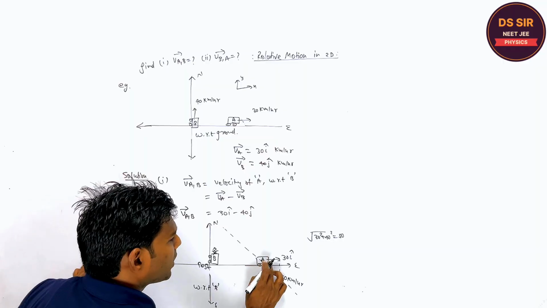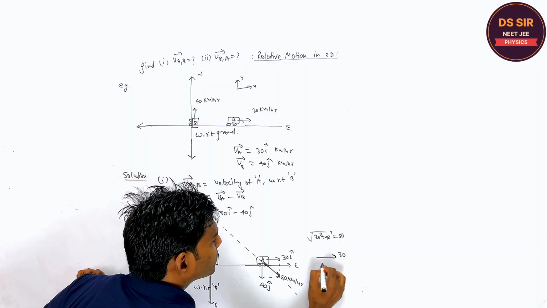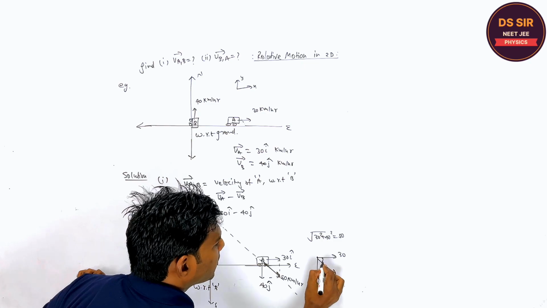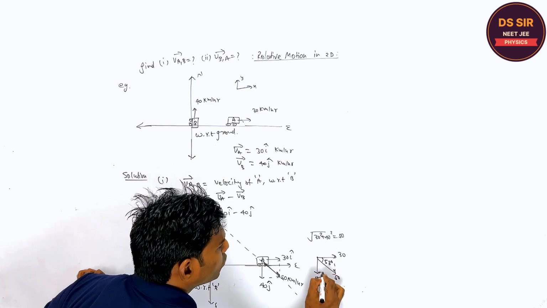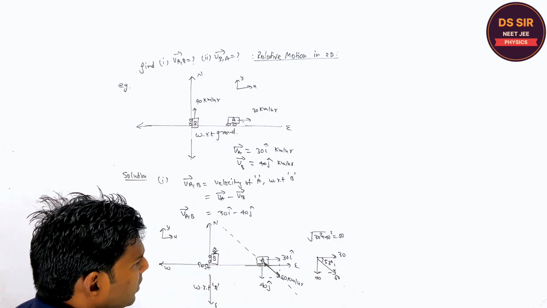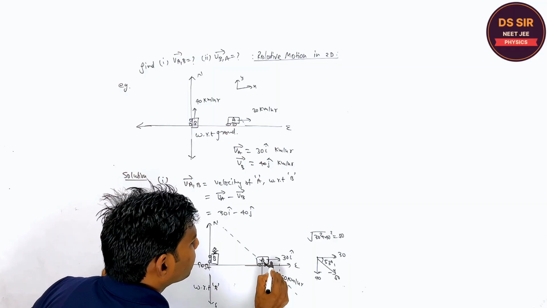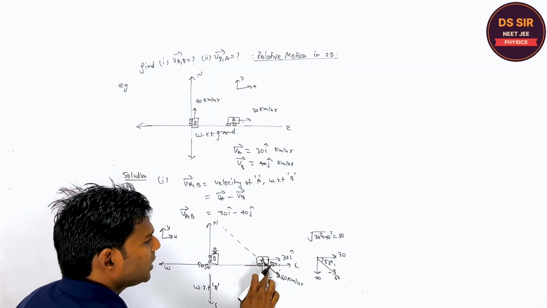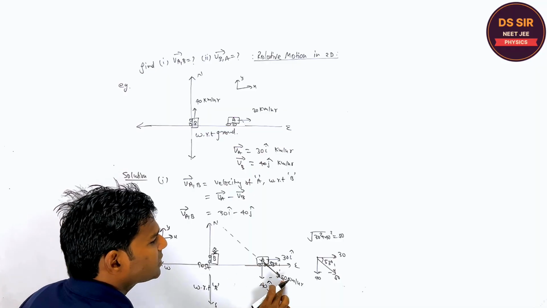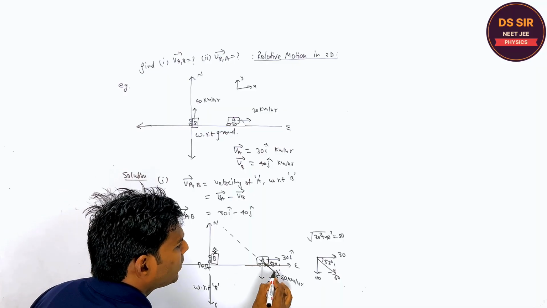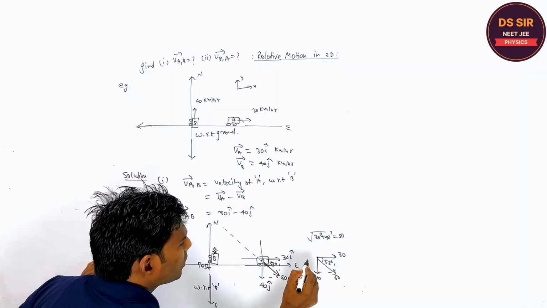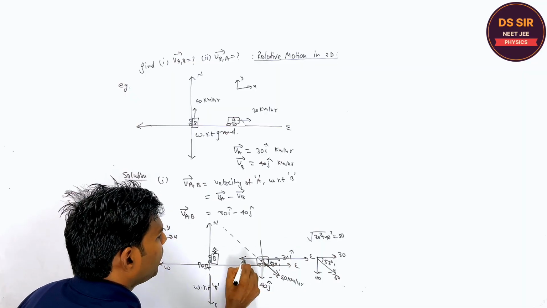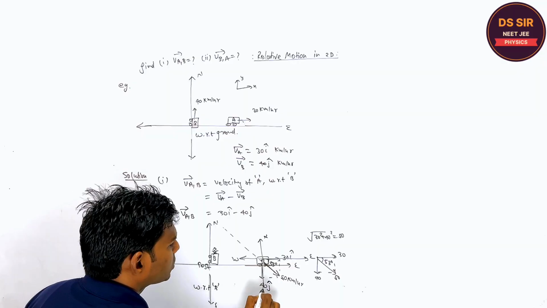And how to write the direction? Listen one thing. This is 30, this is 40, and the resultant is 50. This angle is 53 degree, I think you understand. So what will you say? The magnitude of velocity of A with respect to B is 50 kilometer per hour. And what is the direction? This is east, west, north, south.